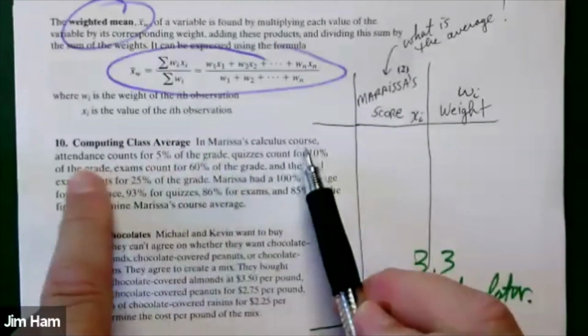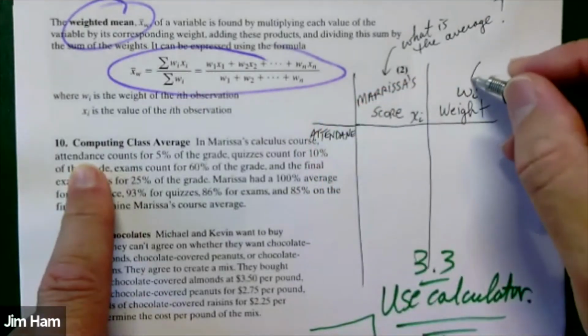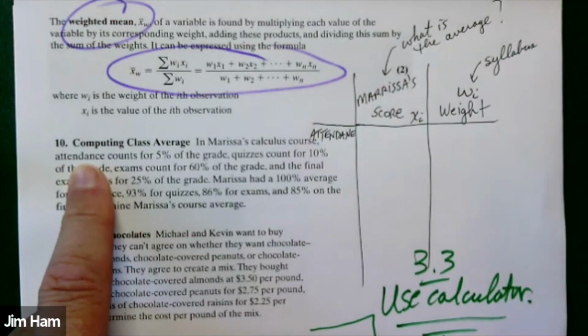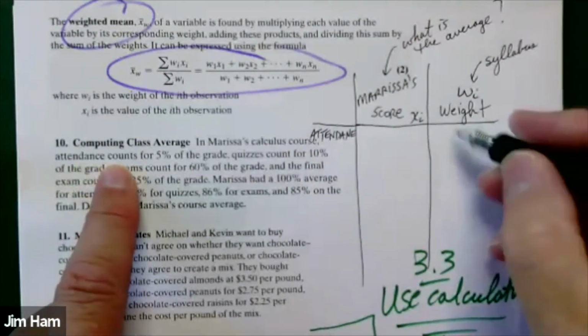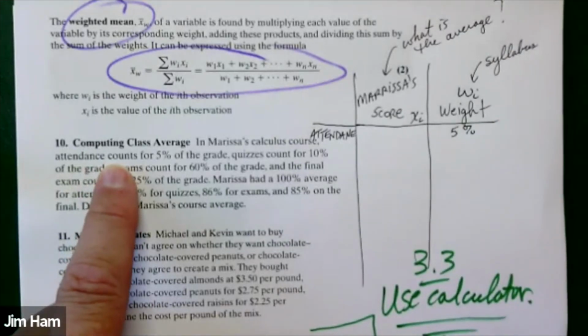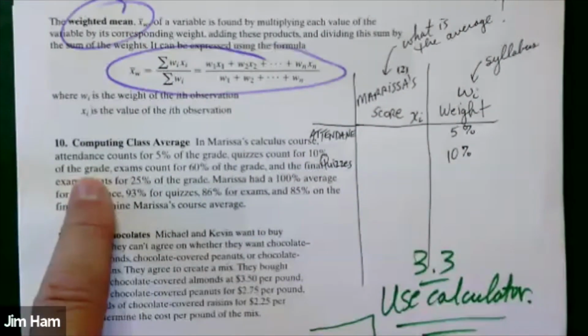In Marissa's calculus course, these weights would be what is indicated on the syllabus that each one of your grade components would be worth. Attendance counts for 5%, so we'll put that weight there. Quizzes account for 10% of the grade.